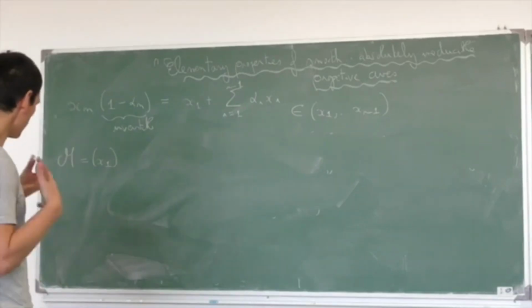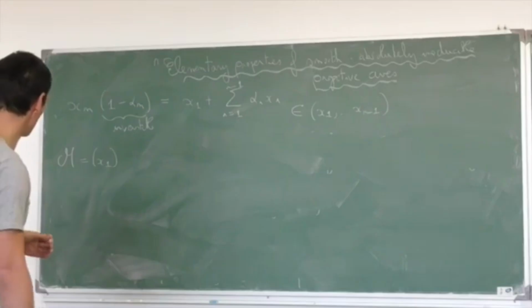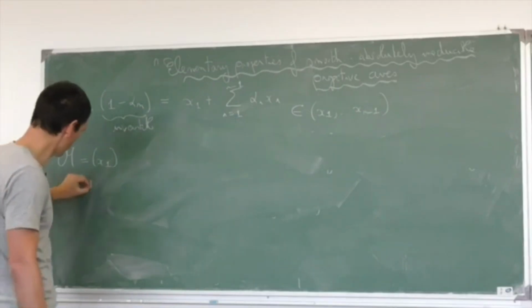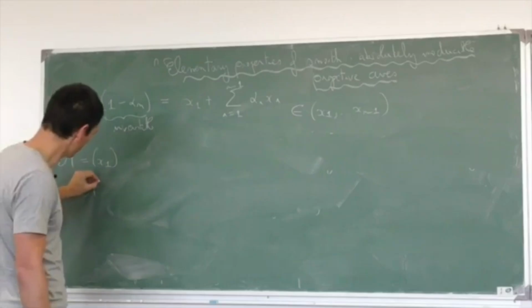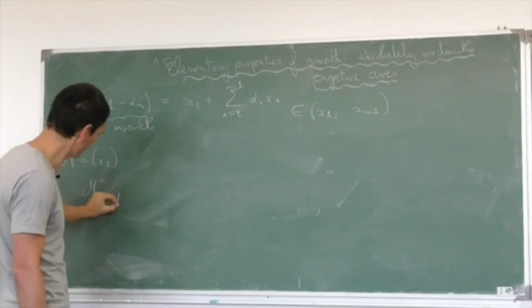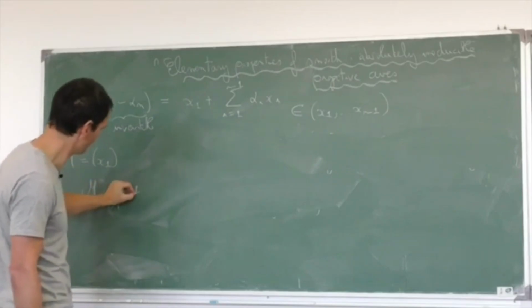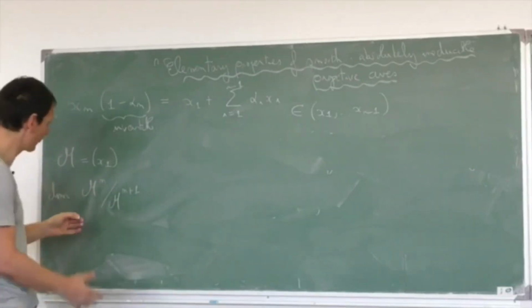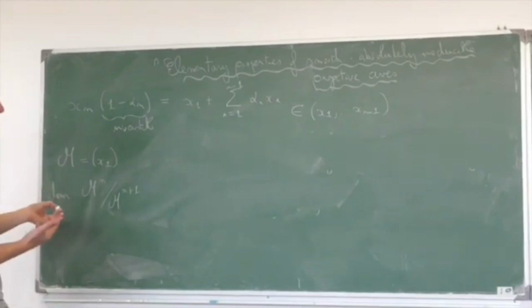Okay. So now, we go on a bit. From this, the first thing that you can look at is the quotient of powers of M^n over M^(n+1). And you can look at the dimension, again, of this, just writing that M is x1 plus M squared.